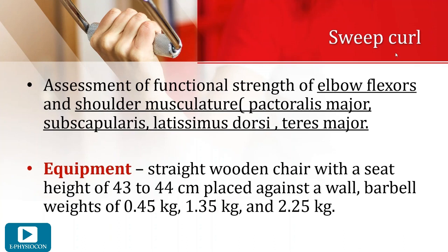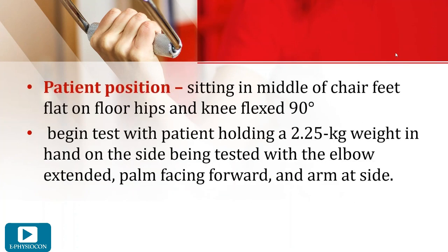The patient should be in a comfortable position with feet rested on the floor, and dumbbells of 0.45 kg, 1.35 kg, or 2.25 kg. Patient position: the patient is comfortably seated on the chair with hip and knee at 90 degrees flexion, holding a dumbbell, 2.25 kg, in the tested hand.